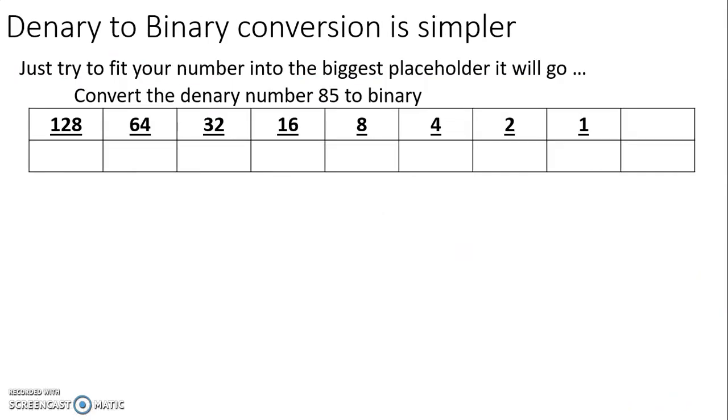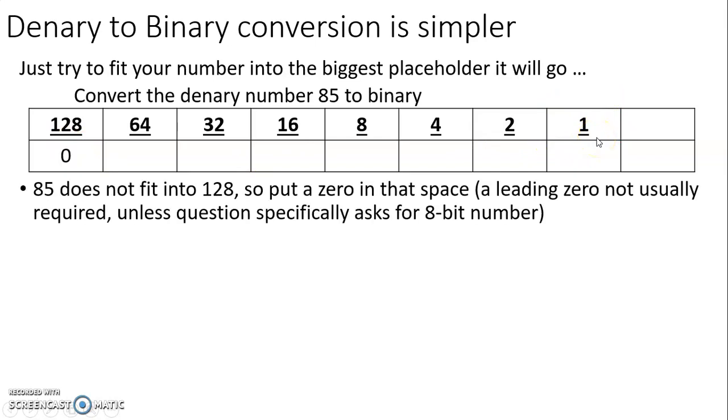Now, denary to binary conversion is simpler. So just try to fit your number into the biggest placeholder it will go. Convert the denary number 85 to binary. Just like binary conversion, we draw out our table, so the 8 bits starting with 128, finishing at the unit with 1. 85 is the denary number that we want to convert to binary.